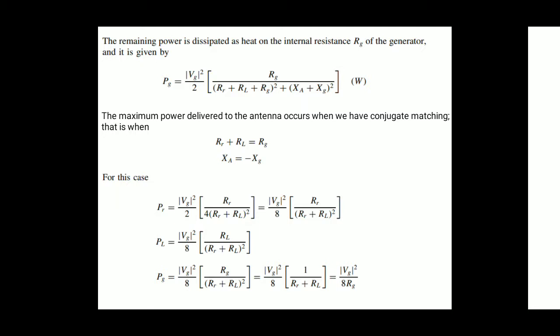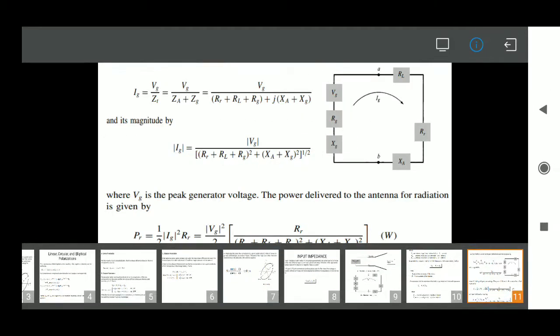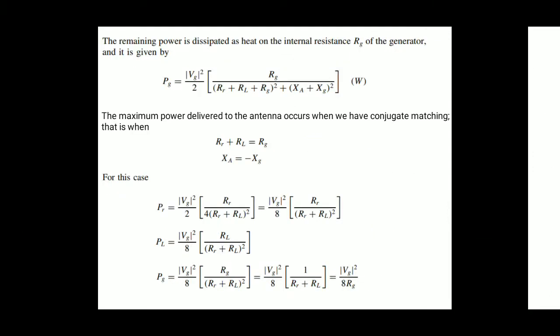Okay, so power is divided into three parts. The first is the radiation power, the second is the power in the loss resistance of the antenna, and the third is the power consumed by the generator resistance Rg. The maximum power delivered to the antenna occurs when we have conjugate matching, that is the concept of matching for maximum power transmission.